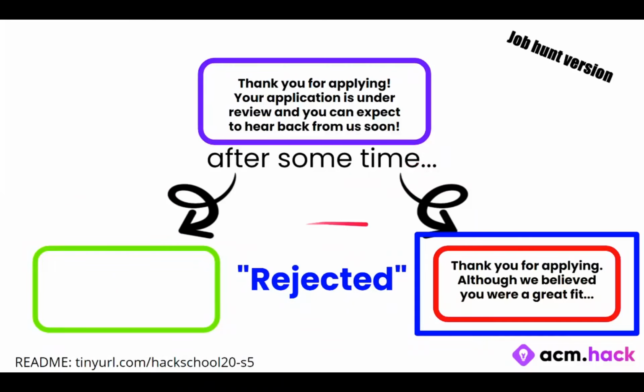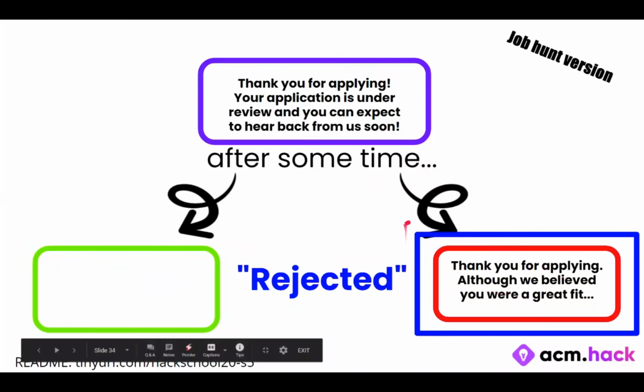GG, well played. Anyways, so this is our rejected state. So we see this red box, that's a rejected state. And so you can think of a promise as, it can either become this green state or it can either become this red state.